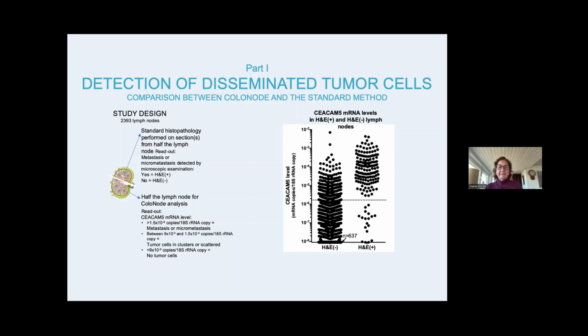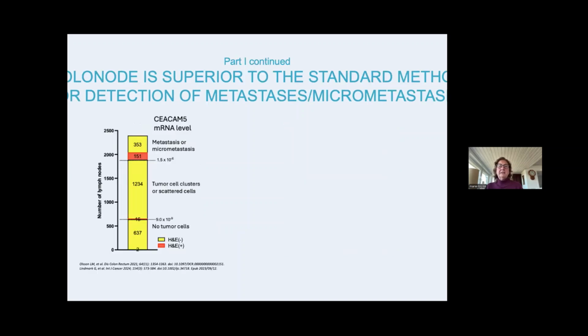So here is a summary of this. You can see that there are actually quite a few, over 400 lymph nodes which had metastasis level of CEACAM5, but only 151 were detected by the pathologist.